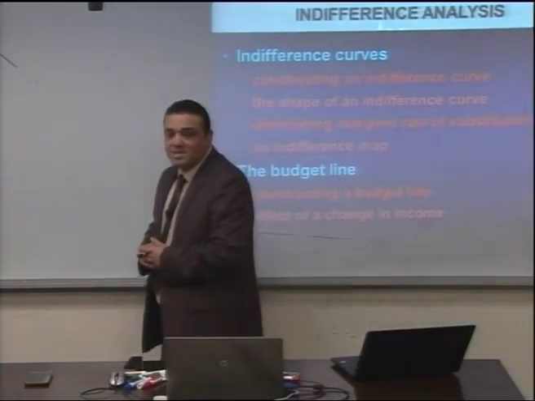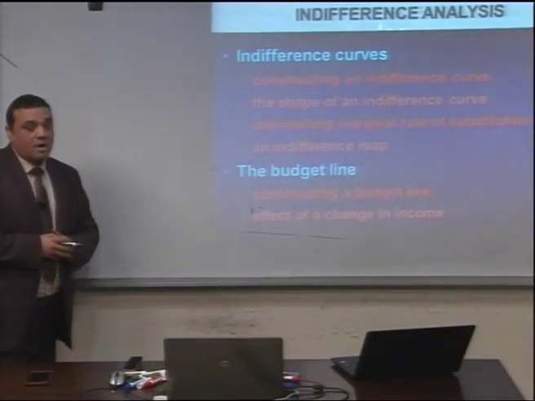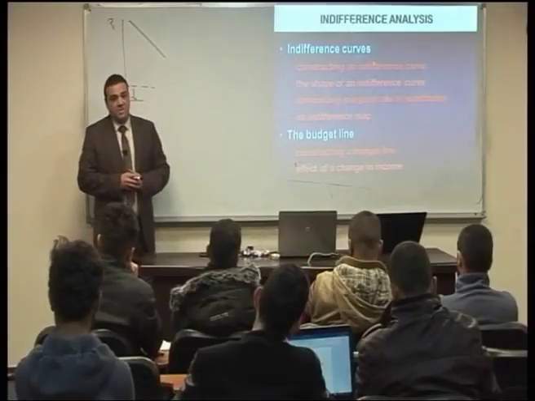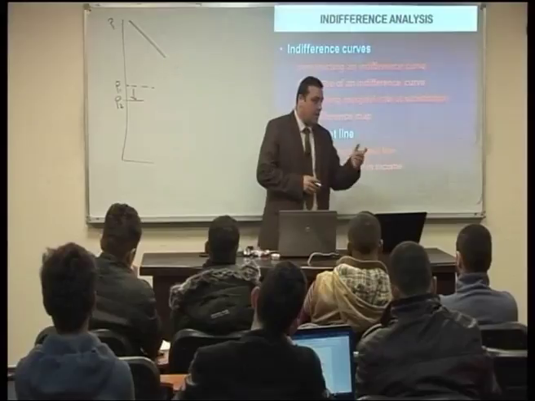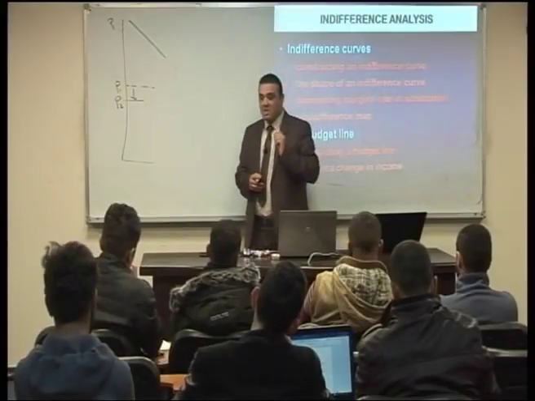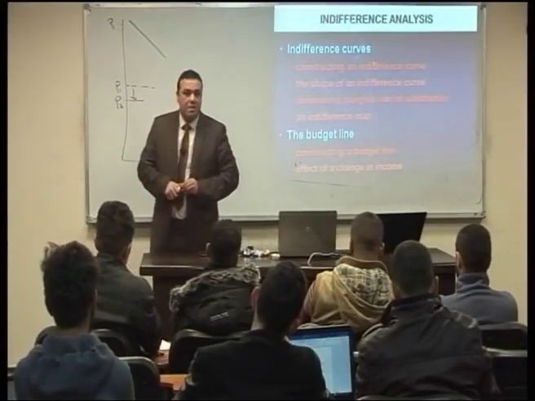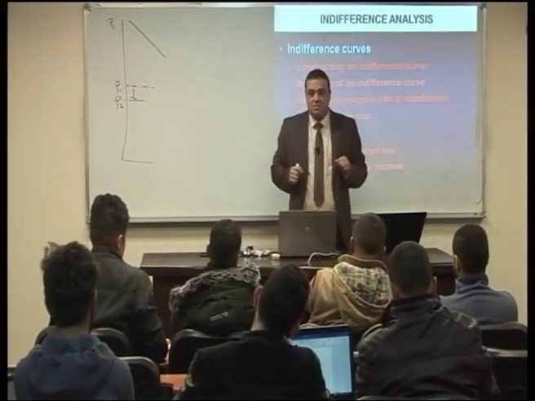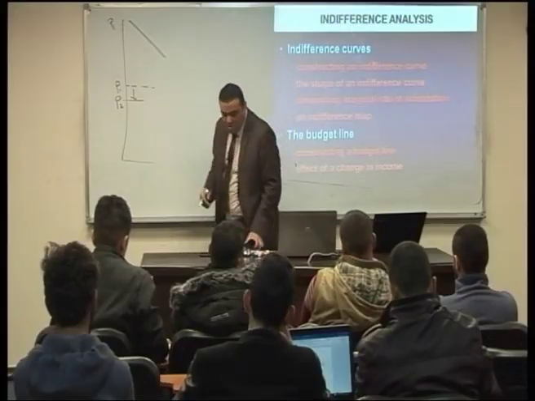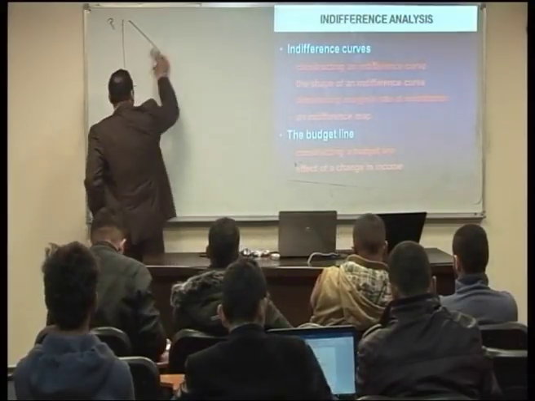Okay? So let's come back quickly to the indifference curve to understand the idea of consumer equilibrium and then the income and substitution effect. Let us assume that we have a consumer, and this consumer consumes two goods, orange and banana.